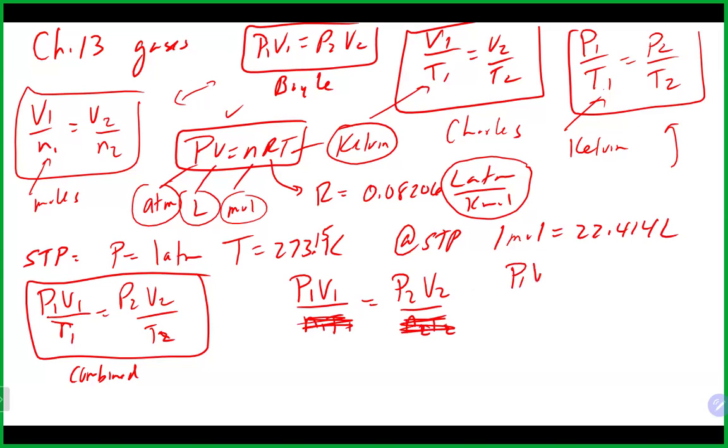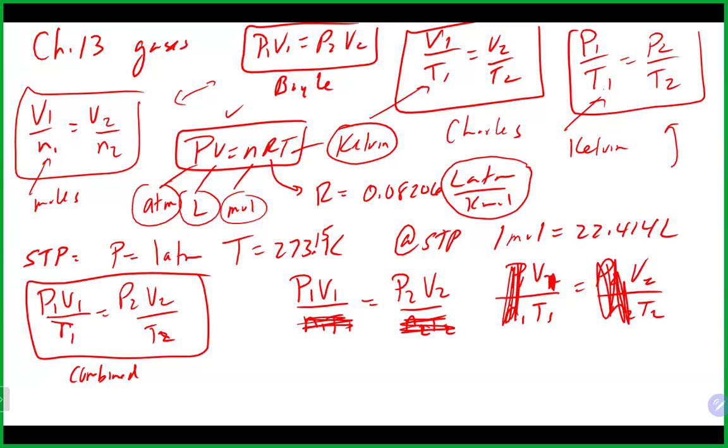Again, use the numbers right there. If you were given no pressure or moles, you could just scratch those out, and you would have Charles' law here. That's a way you could use that equation to get to all of them.